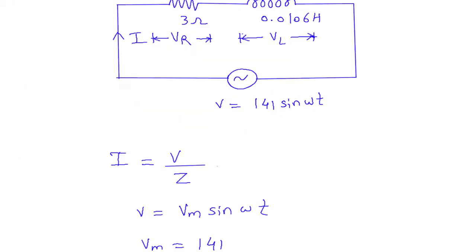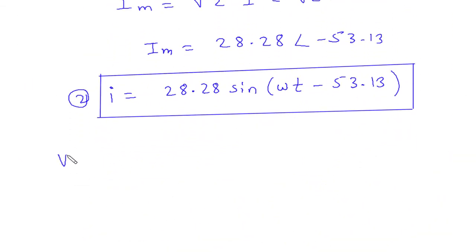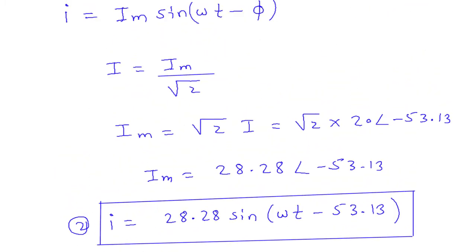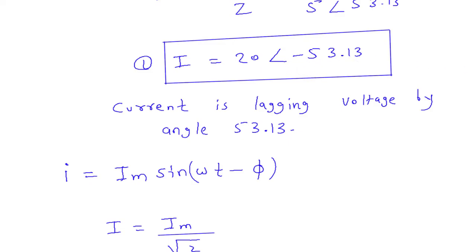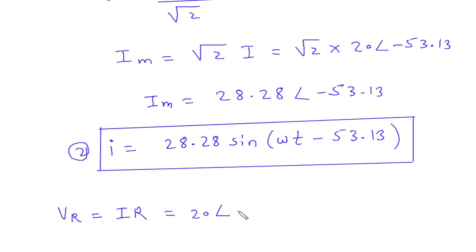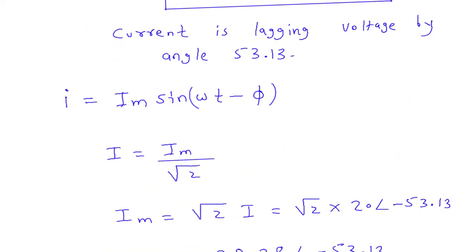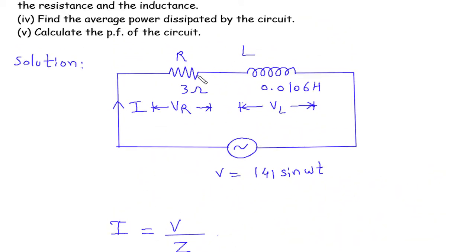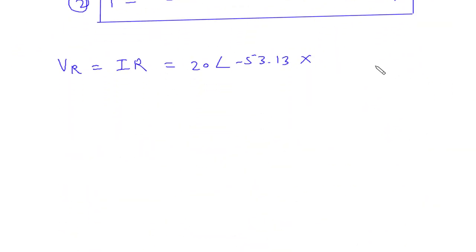VR is equal to I into R. I is again the same, 20 at an angle of minus 53.13, into R. Resistance R is 3 ohm. So VR is equal to 20 into 3, which is 60 at an angle of minus 53.13. This is the value of VR.